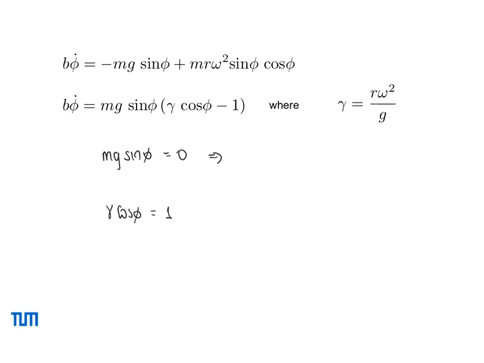One possible solution can be phi equal to 0. Another can be 0, pi, and so on. Here, the solution should be phi equal to arc cosine of 1 over gamma.